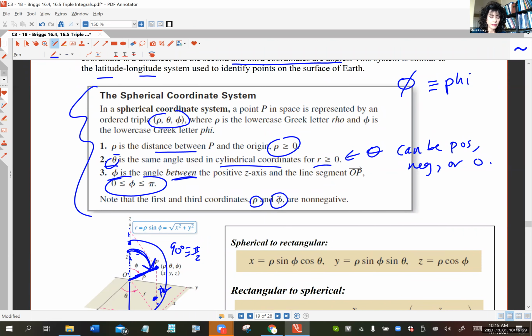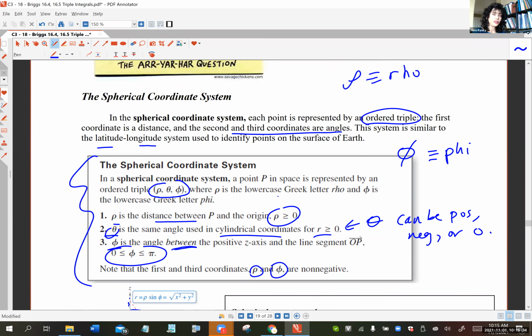Now, I want to say something about our physics brethren, because when you take a physics course and you're dealing with the spherical coordinate system, the physics people also use an ordered triple like us, but for some reason, they always put their phi second and their theta last.